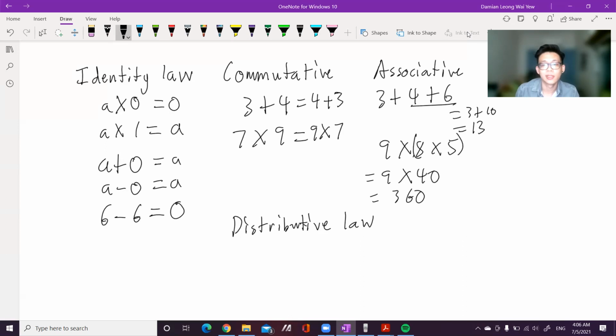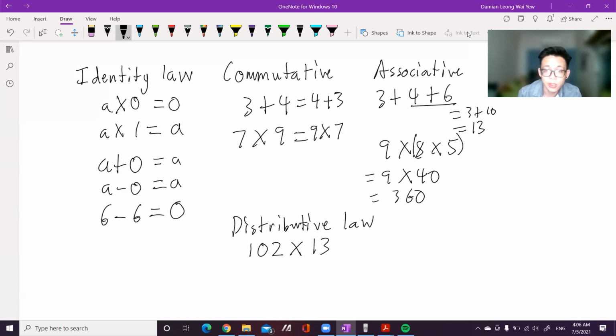Distributive law is the one that is slightly harder. Okay, so distributive law, for example, if I have say 102 times 13. If I straight away count like that, it might be a bit hard to actually count.